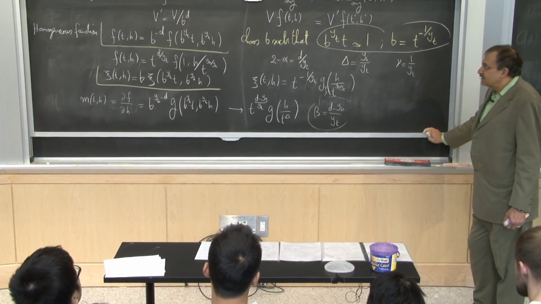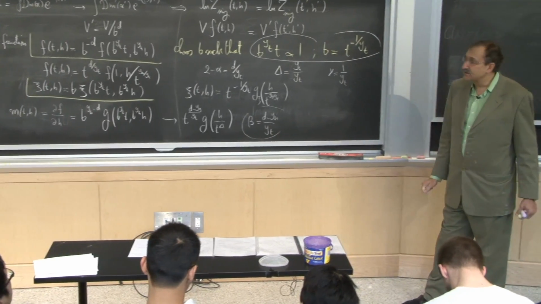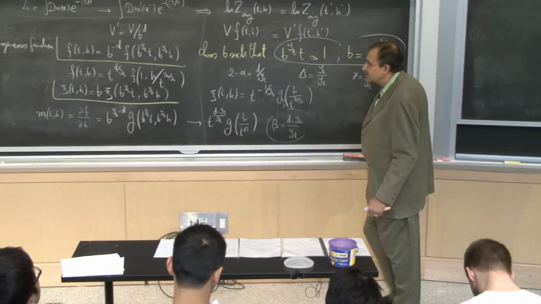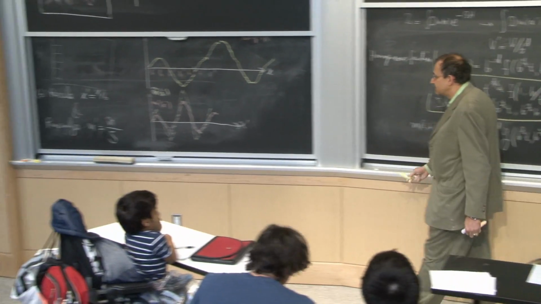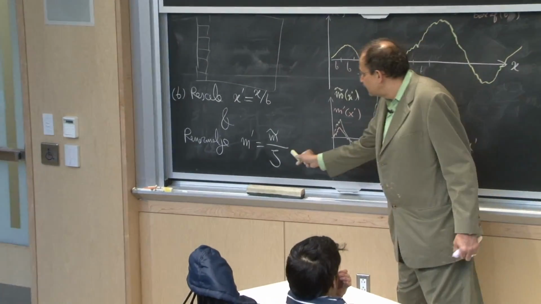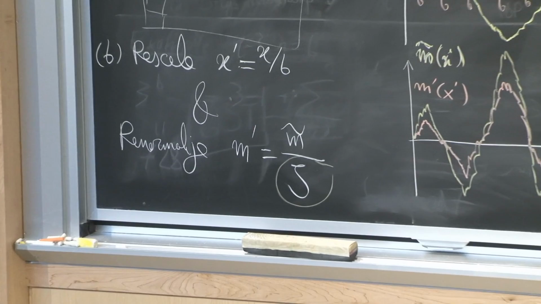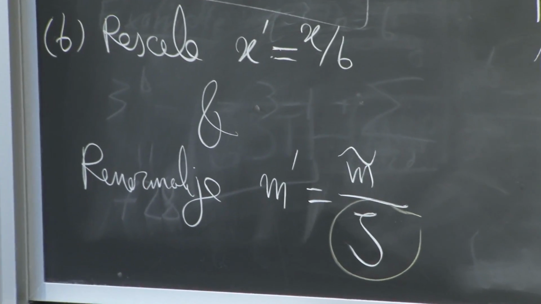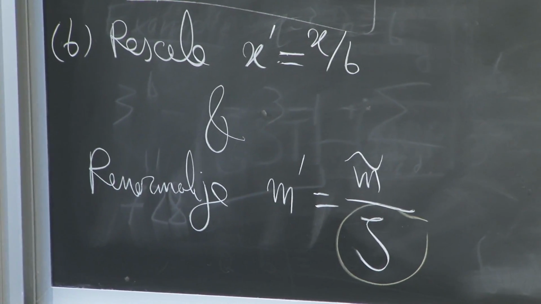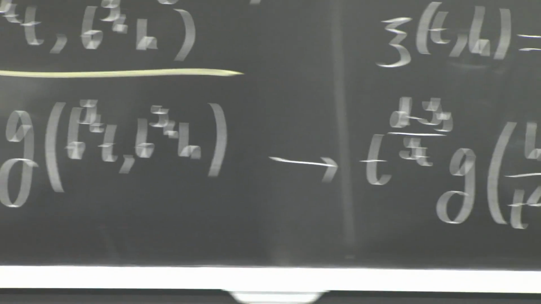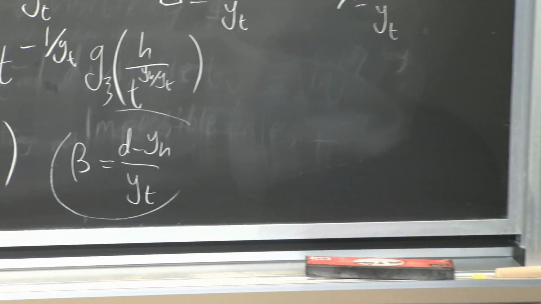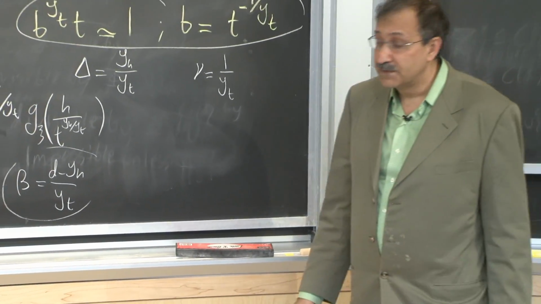Actually, I was a little bit careless with this factor zeta, which presumably is implicit in all of these transformations that I have. And I have to do a special thing to figure out what zeta is so that I will get self-similarity right at the critical point.